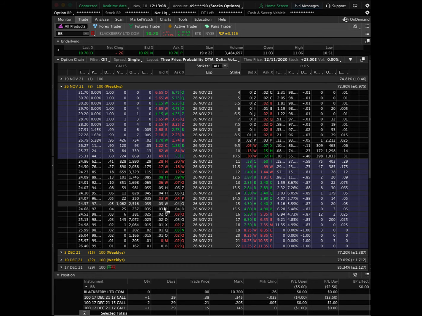You can buy these options way out here, but as we approach expiration, these types of options have a very high likelihood of going to zero because of time decay. So if you're going to trade way out here out of the money, you really need to be watching the price chart basically all day long, because you have to take profits on the first burst of momentum. Otherwise, these will decay very quickly.